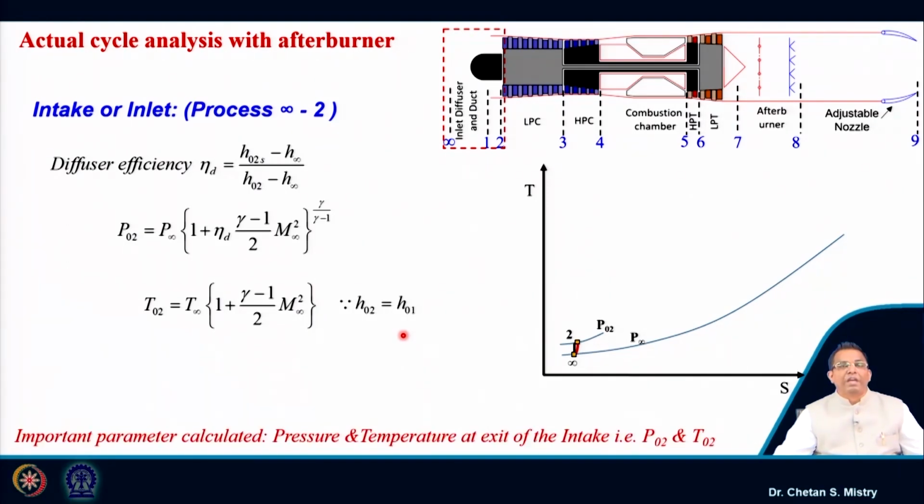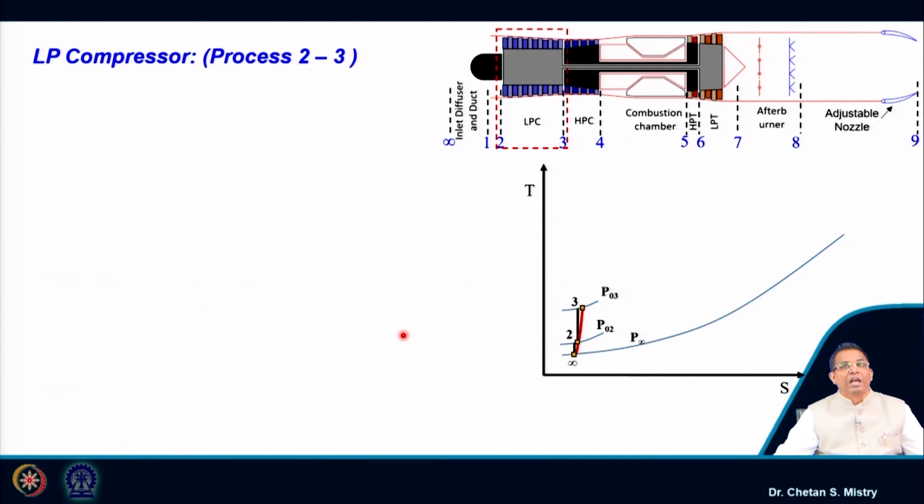This helps us calculate our exit pressure and temperature from the intake, and this will be the input parameter for our next component, the LP compressor. So, let us look at the LP compressor. It has been represented in terms of ideal process and actual process. We know our compressor efficiency.